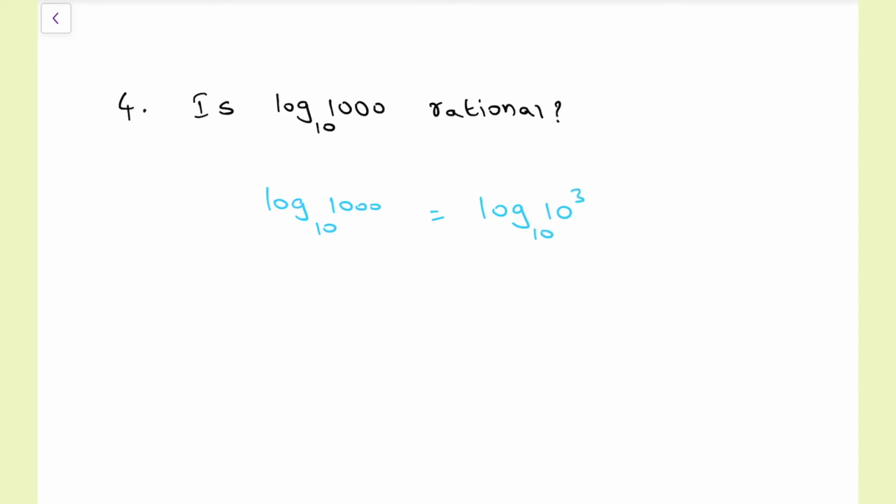So, in logarithms, we have one formula, that is log a power m equals to m log a. If you forget this formula, in our own words, if a power is there for the main number, that power will come to the front as it is. Here 3 is the power for the main number.